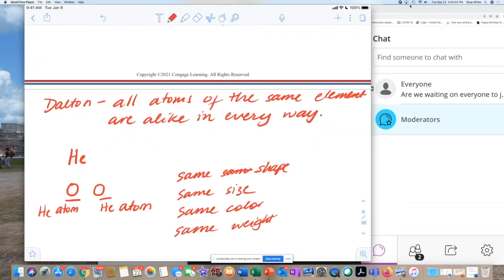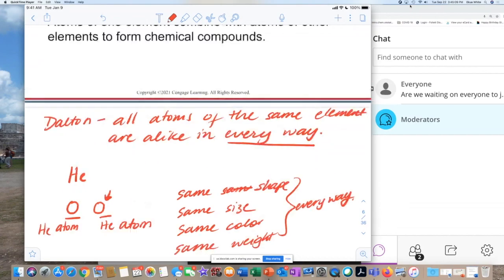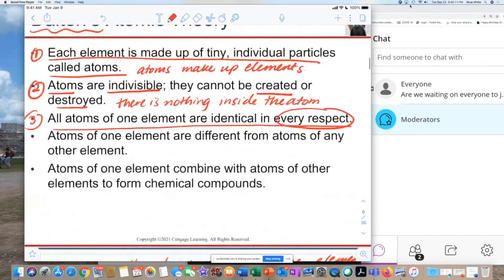Bottom line, they're the same in every way. They will be so similar that if you were looking at one, you couldn't tell whether you were looking at that one or the other. So that explains number three.